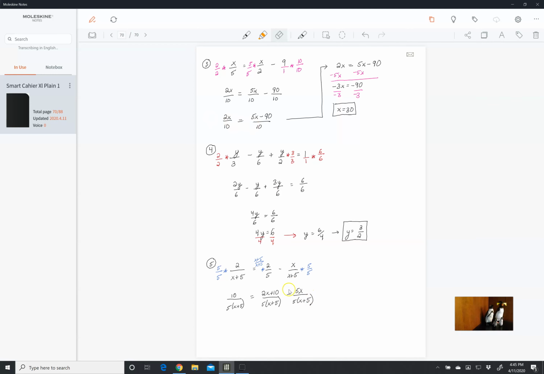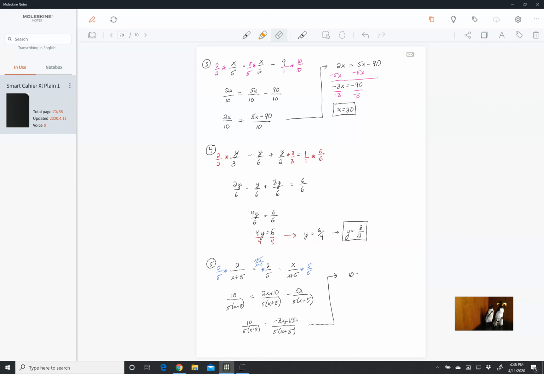Here we combine our fractions. We don't have to worry about distributing the minus because there's only one term here. So 2x minus 5x is negative 3x. Again, do not skip this step. For the purpose of room, I'm going to bring this up here. So we're at the point where we have one fraction on the left, one fraction on the right. We can set the numerators equal to each other.